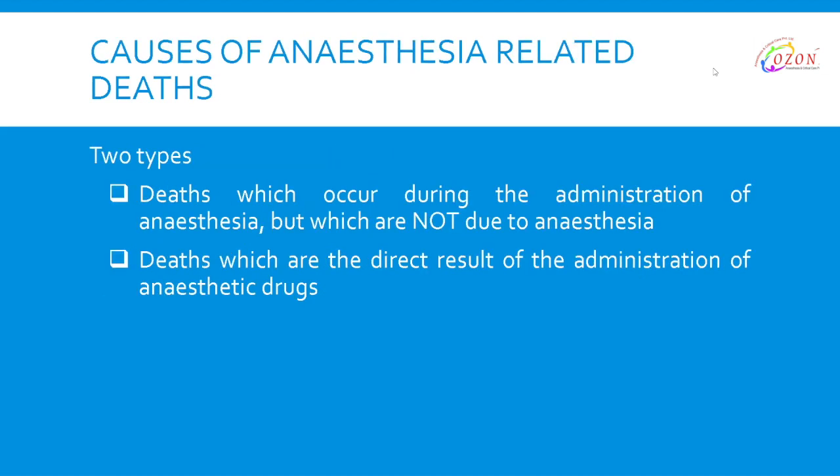So the different causes of death which are related with the anesthesia, there are two types. So this is regarding what we judge during the postmortem examination. As you are aware, if there are certain allegations about the criminal negligence in a death on operation table, then that case is referred to the committee.